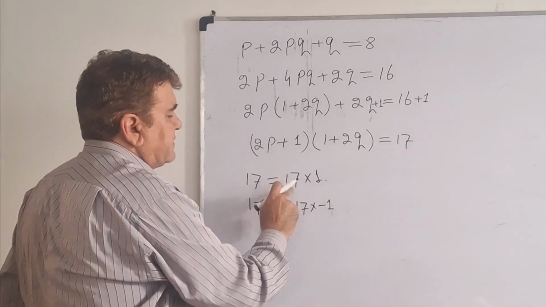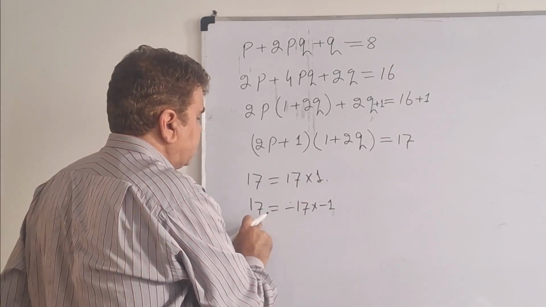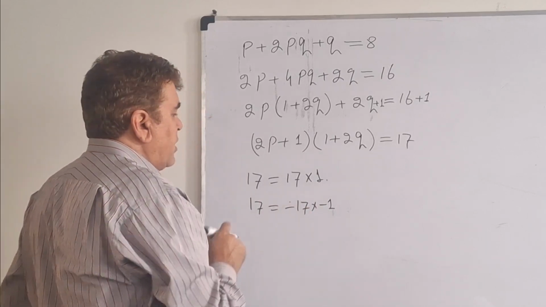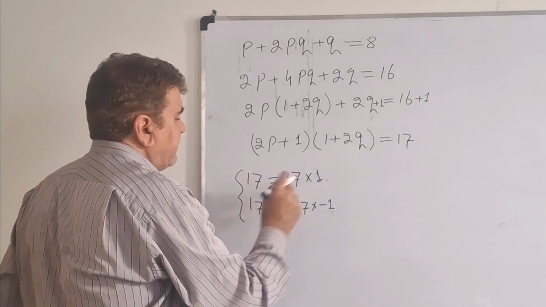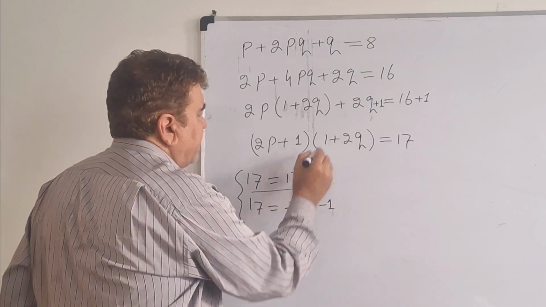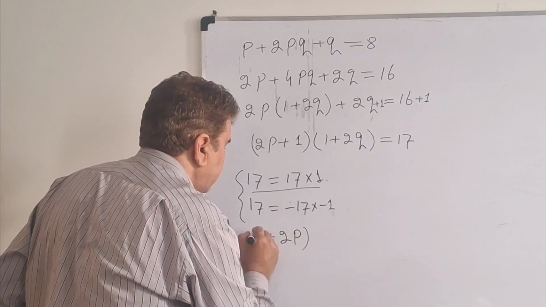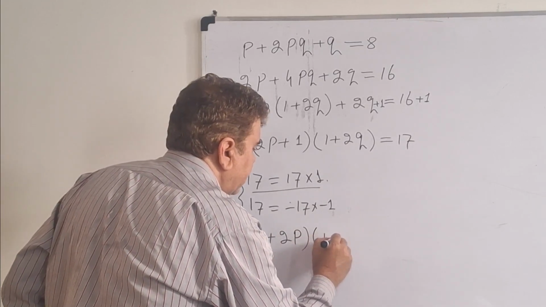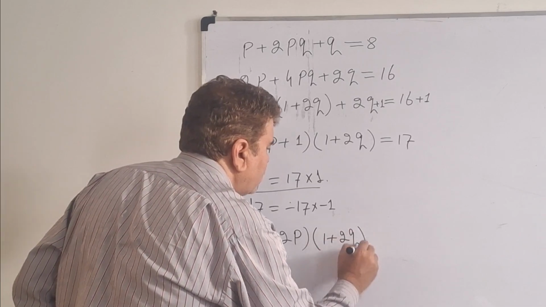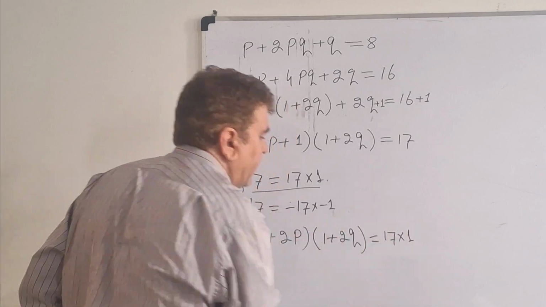I can factor this in terms of positive primes, and I can factor this in terms of negative primes. So we want to solve the equation for these two cases separately. When I use this form of the equation, I can write 1 plus 2P into 1 plus 2Q equals 17 times 1.